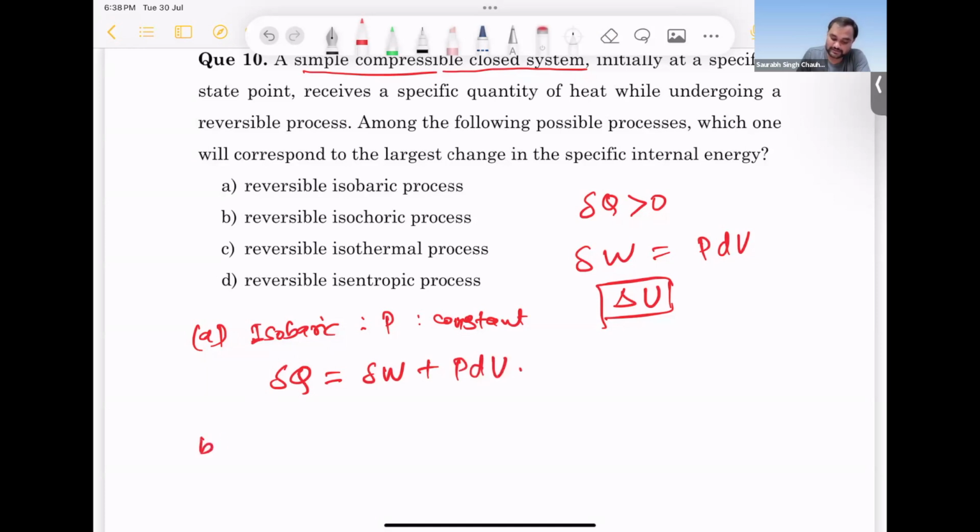Next process is isochoric. Isochoric means constant volume, so dV will be 0.